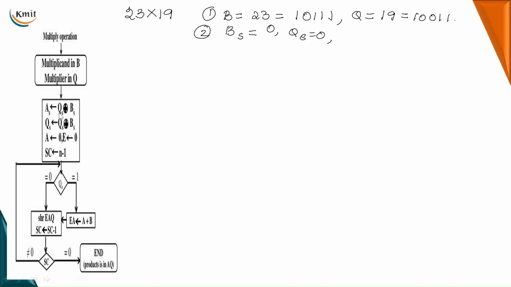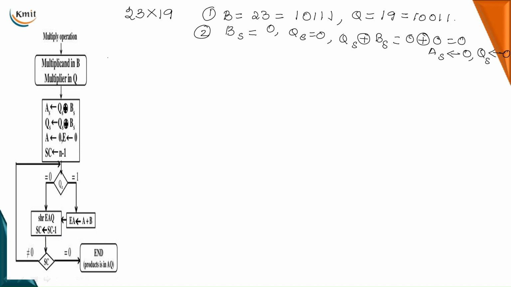So you have to perform QS XOR BS, which is 0 XOR 0, that is equal to 0. So AS is 0 and QS also is 0, right?